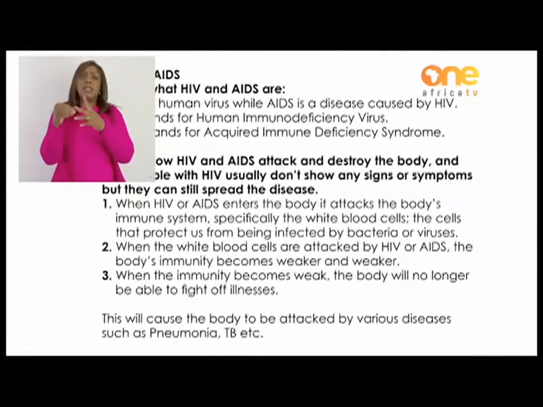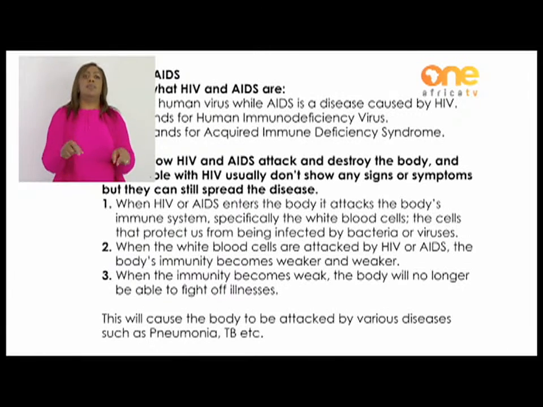These white blood cells protect our body from being infected by bacteria or viruses. However, when the white blood cells are attacked by HIV or AIDS, the body's immunity becomes weaker and weaker. When the immunity becomes weak, the body will no longer be able to fight against illness. Therefore, different diseases such as TB will just pop up in the body. That's how HIV and AIDS attack and destroy the body.